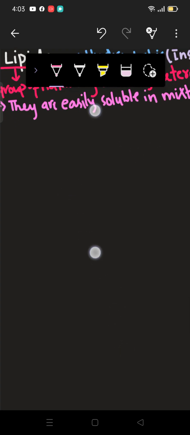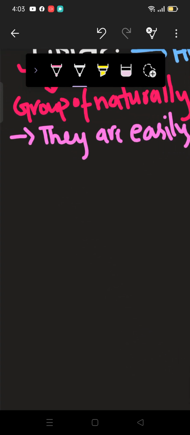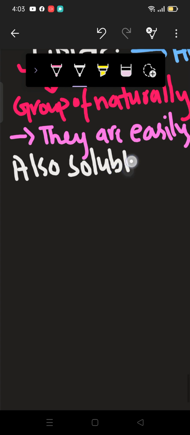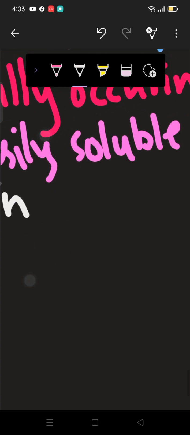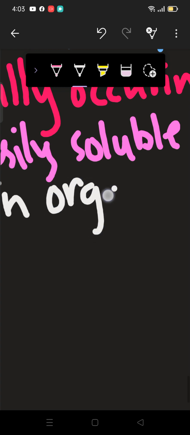And they are also soluble in organic solvents. Let me write here: also soluble in organic solvents.